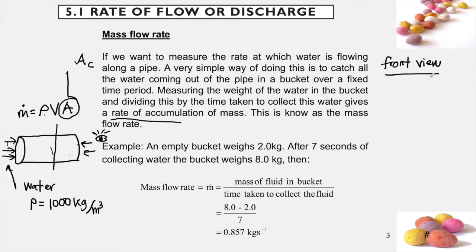When we look at the front view, we will see this kind of shape. This shape is the cross-sectional area of the water. Therefore, we want to find the cross-sectional area of the pipe.